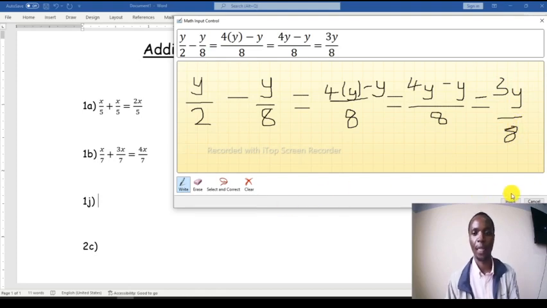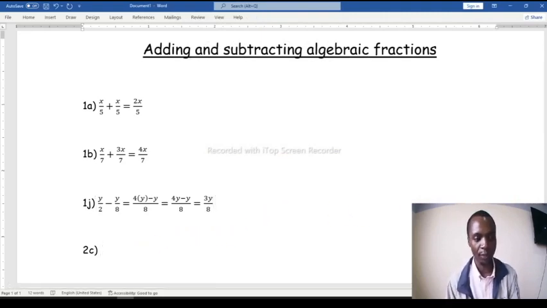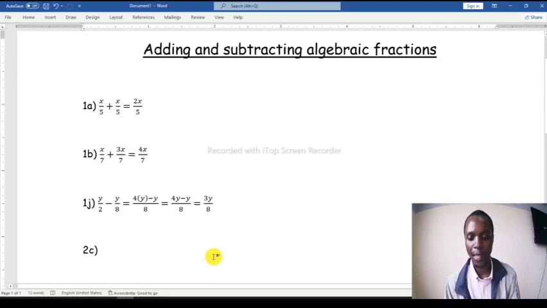Okay, and then the last one is number 2c. Number 2c says 5c over 7 minus 2c over 5.